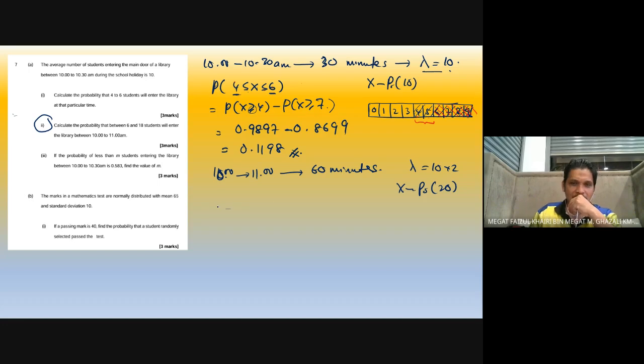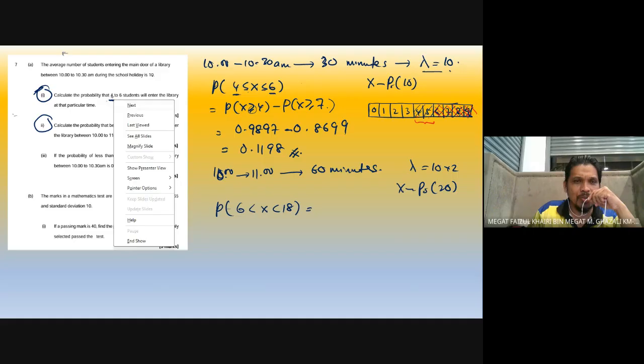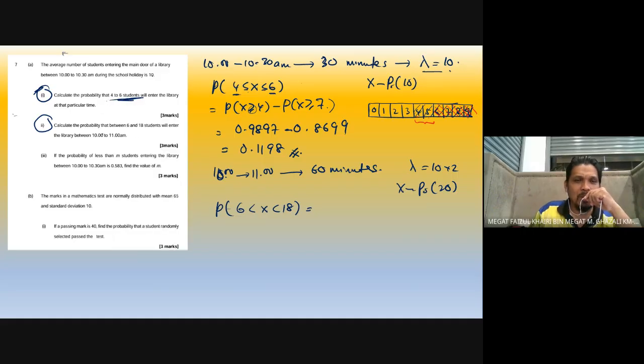Okay, so the probability of x between 6 and 18, does it include 6? Look at the first statement, question number one here. Probability that 4 to 6 students, and now between 6 and 18 students.